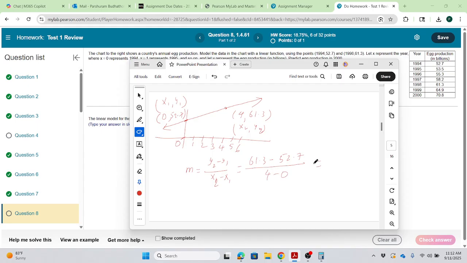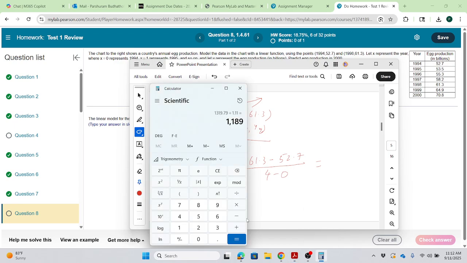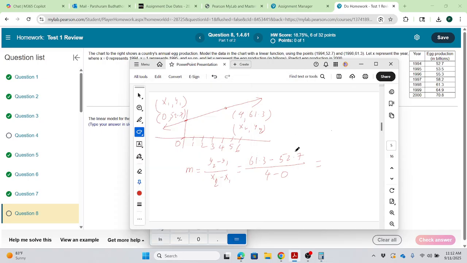So use a calculator: 61.3 minus 52.7, and divide that by 4. That gives you the slope, which is 2.15.